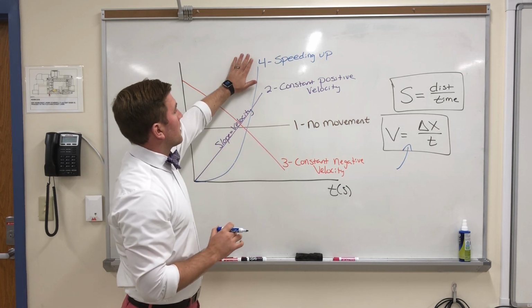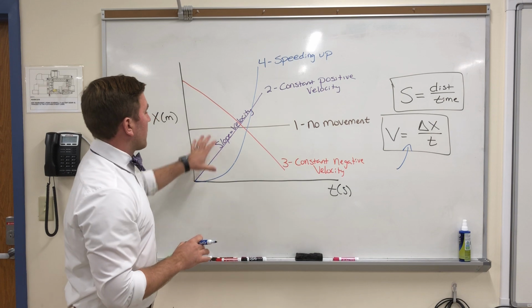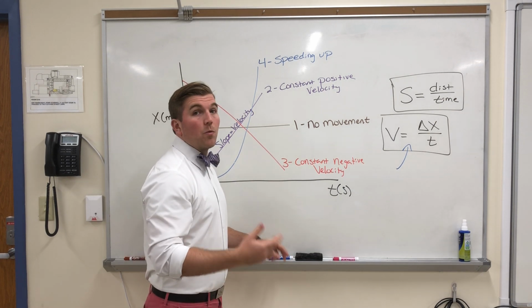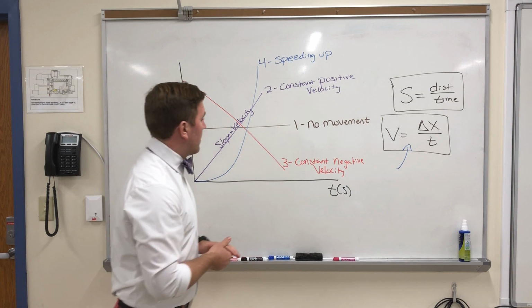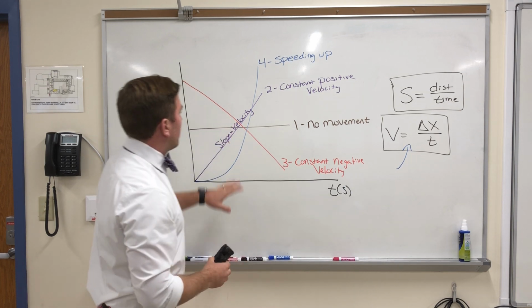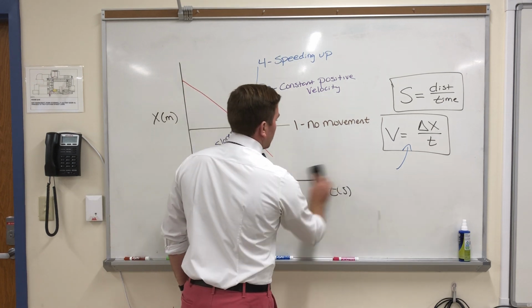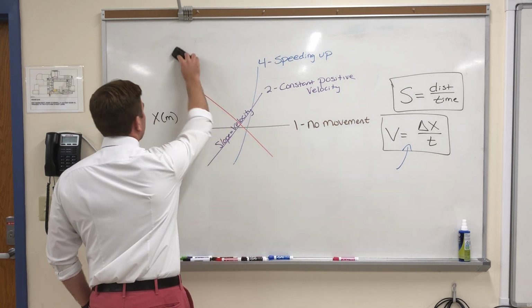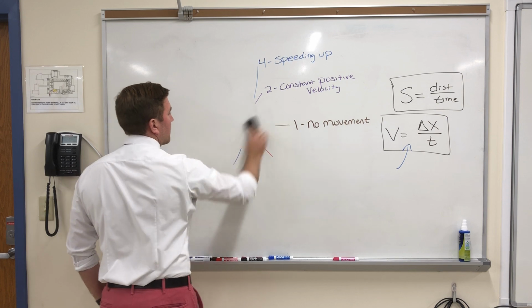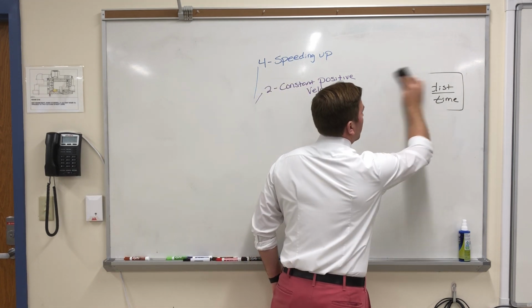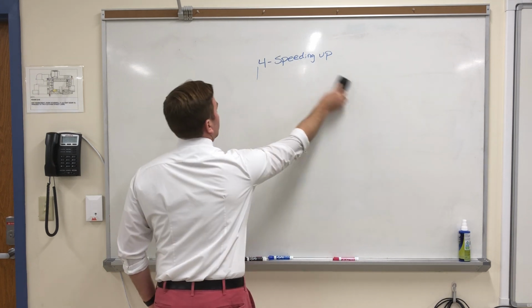So this is one that we're going to save for later, but these other ones are ones that you've seen quite a bit already, or you will see quite a bit coming up. For some of you, we've gone past this point. So if I move past this, and I start looking at other types of graphs. We've looked at velocity versus time graphs, and a little bit at acceleration versus time graphs.